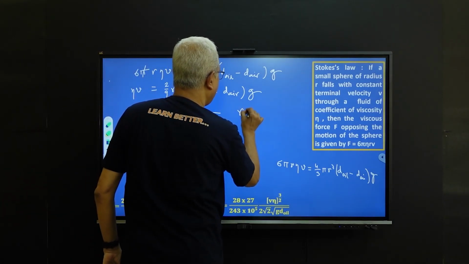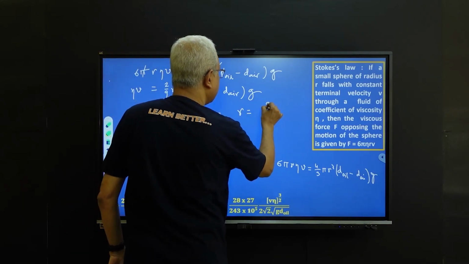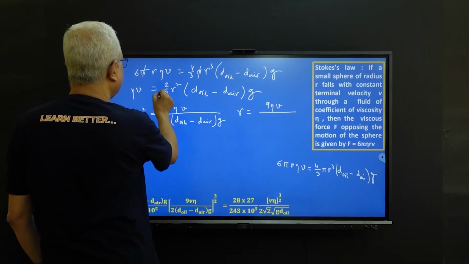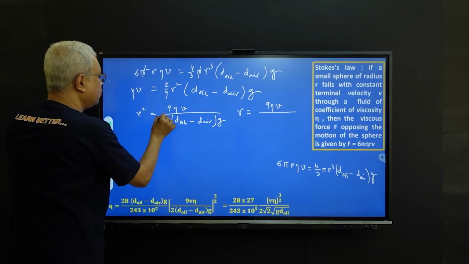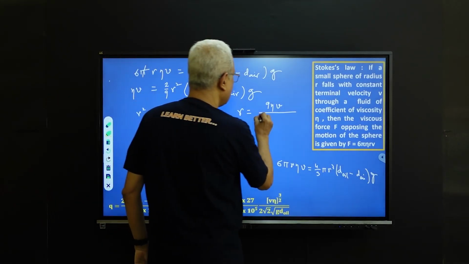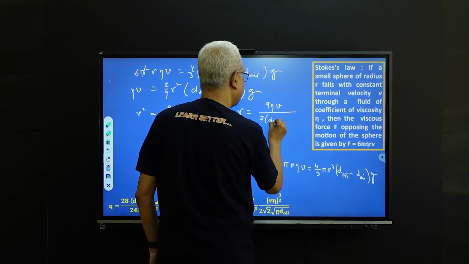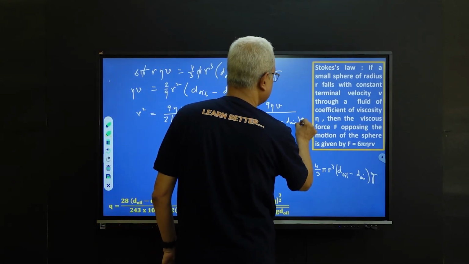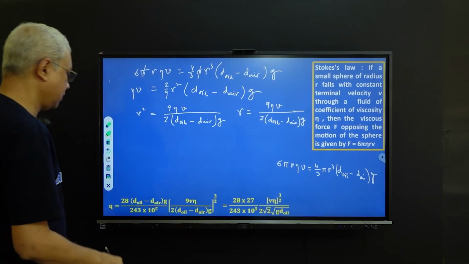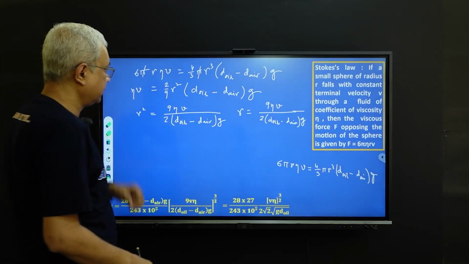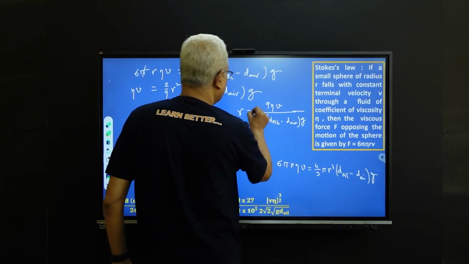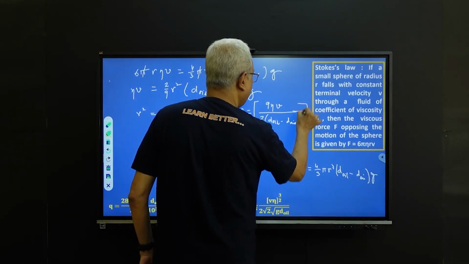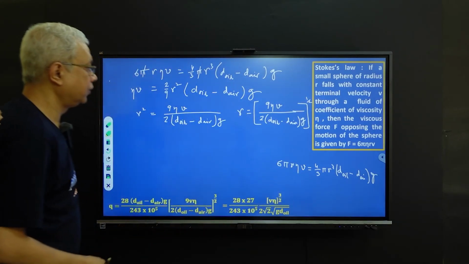Or you can write R equal to 9 eta v by 2 into d oil minus d air into g, the whole to the power half.